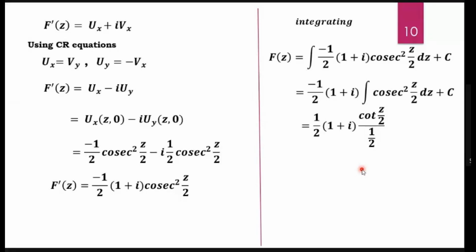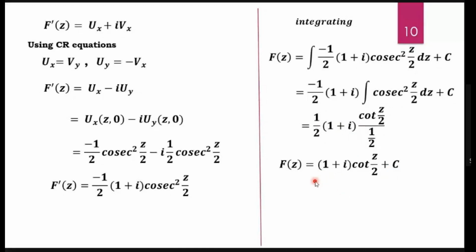Again 1 by 2 will get cancelled. I will have 1 plus I into cot z by 2. है ना? Cosec square z का minus cot z है. तो cosec square z by 2 का minus cot z by 2 upon half. So this half and this half will get cancelled. 1 plus I into cot z by 2 will remain.